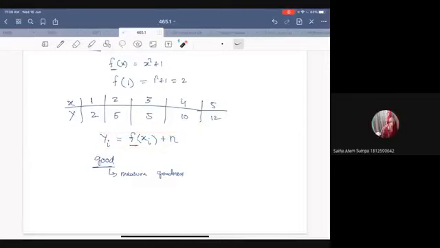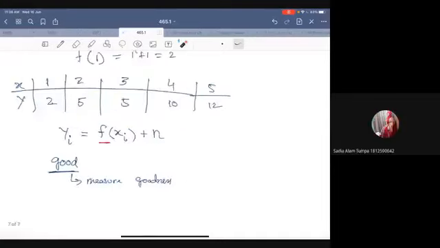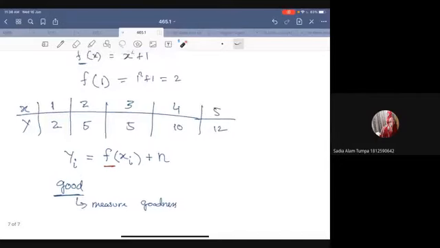Suppose I have arrived at this function. So let's say I have an underlying function f, and this noise. For now, let's say this noise is my son randomly picking a number to add. I put the value of x into a function and some value comes out.